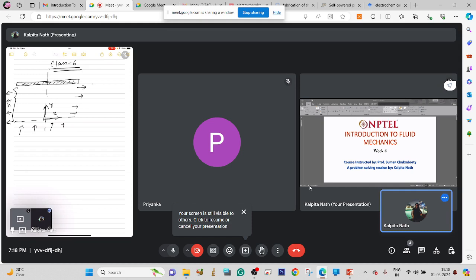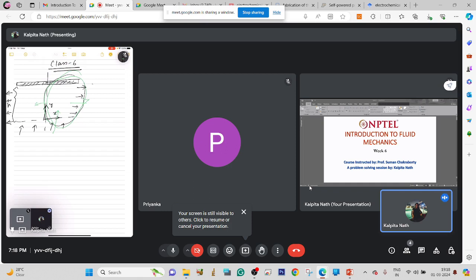We are assuming that whatever is entering here will be leaving from here and not from this side, from a symmetrical point of view.